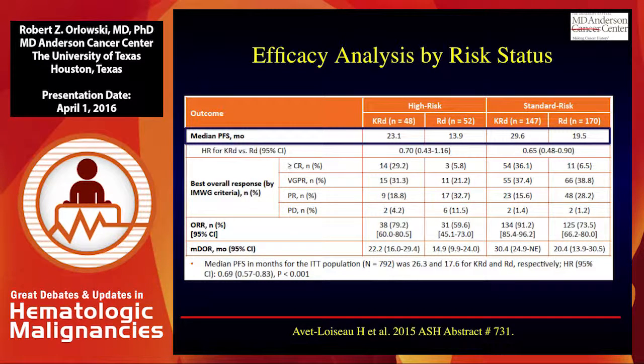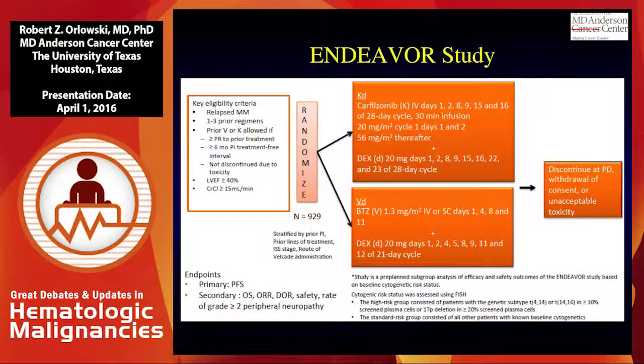And it may be, as you heard from Ruben earlier, that monoclonal antibodies will be the ticket, because maybe they won't care what's inside the cell as long as it expresses the target on the surface of the cell, although I don't think we have enough data yet to be sure about that. And then you also saw some of the Endeavor data, which was KD versus VD.